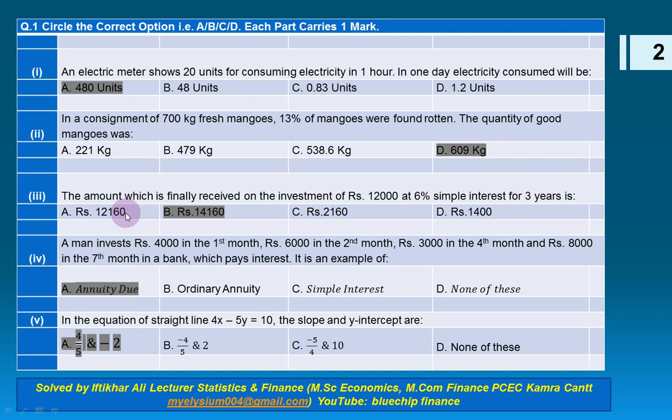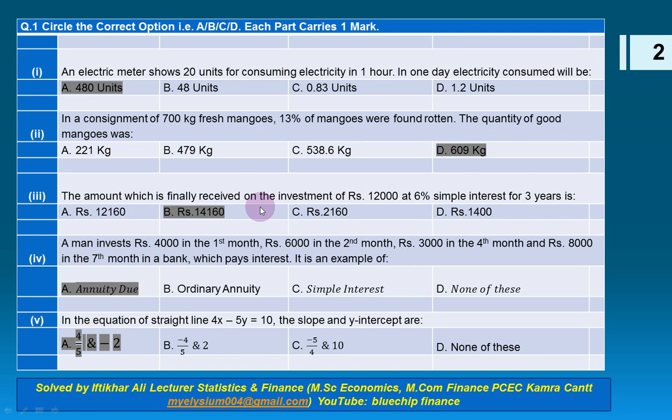Third objective is that the amount which is finally received on the investment of rupees 12,000 at 6% simple interest for 3 years. The correct option is 14160. You can simply calculate the simple interest.